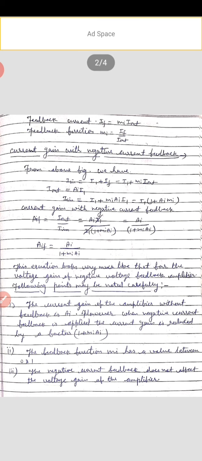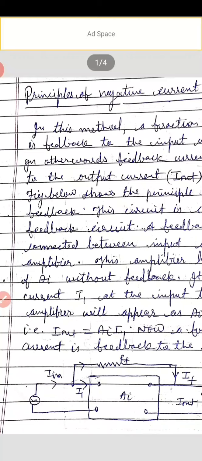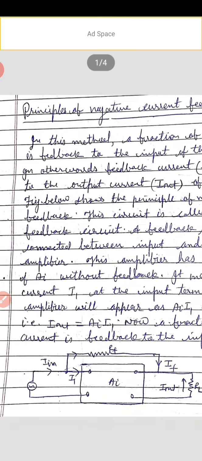Next is current gain with negative current feedback. From the diagram it is clear that I in is equal to I1 plus IF.